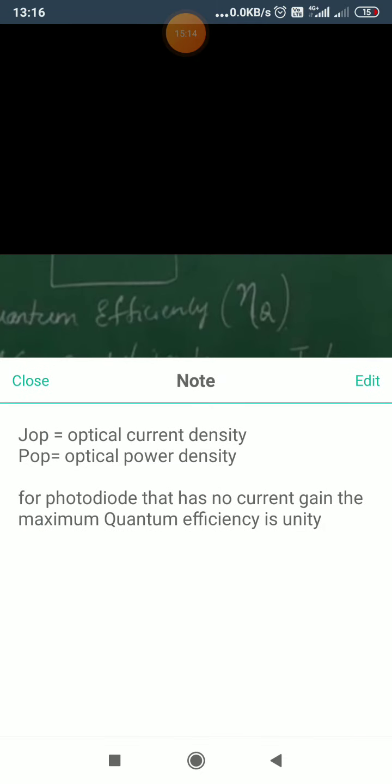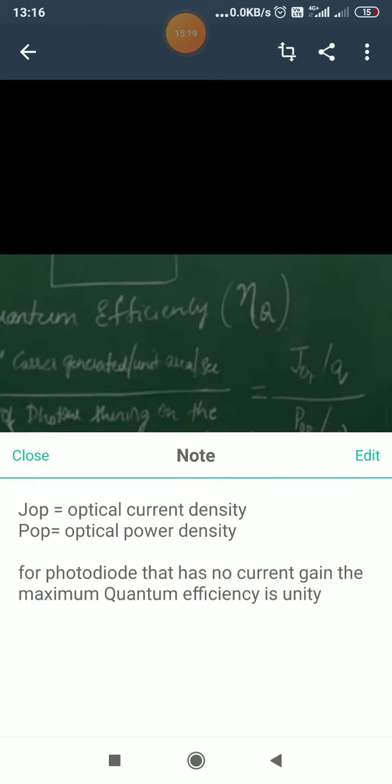The maximum value of this quantum efficiency is unity. The maximum value that it can reach is unity. So along with this theory and equation, you have to mention what J_op and P_op are, where q is the charge and h nu is the light energy.